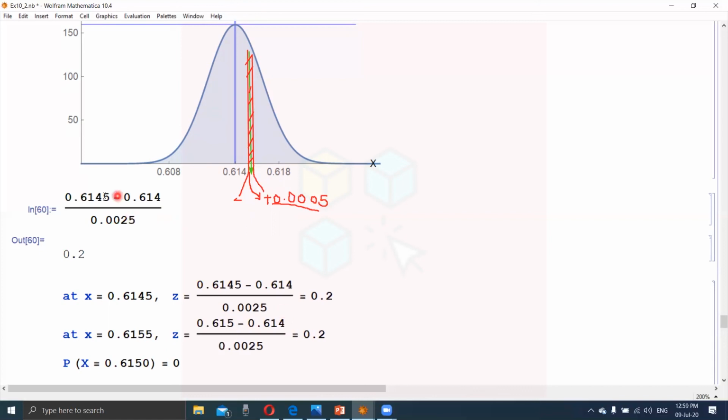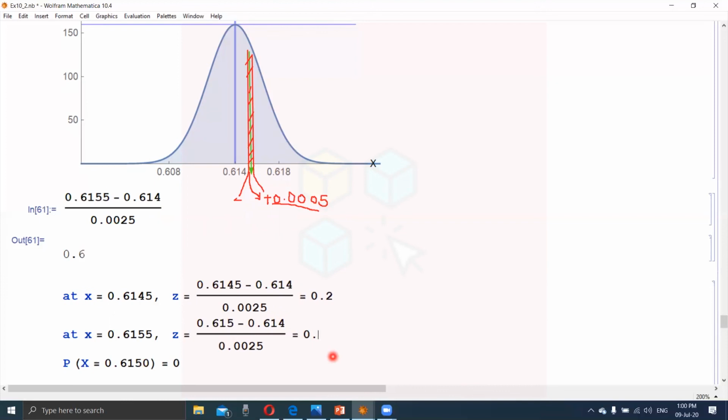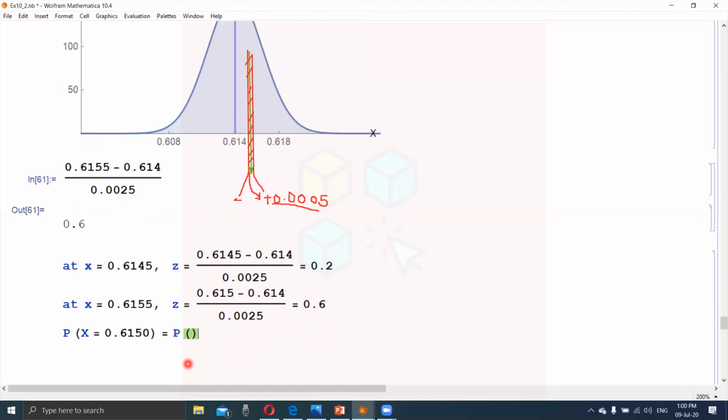So we will write here 0.6155, and the result is 0.6. Now we will convert it as probability 0.2 less than z less than 0.6.